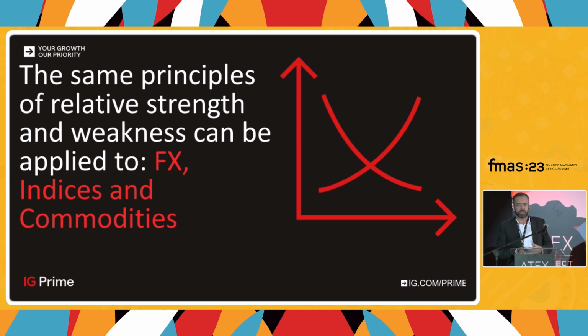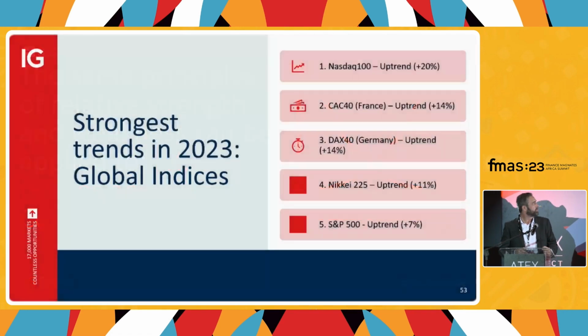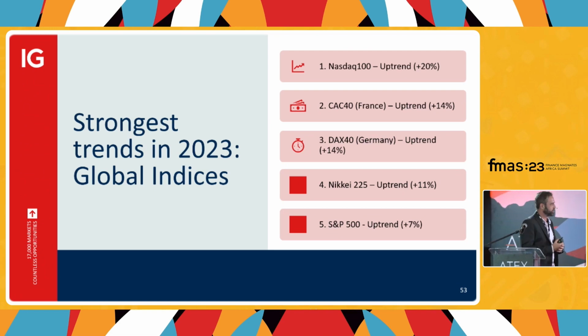We've looked at shares, but you could also apply it to the Forex market, indices or commodities as well. I've done that, using another indicator called price rate of change just to get the values of that momentum, but the same principle, the relative strength.